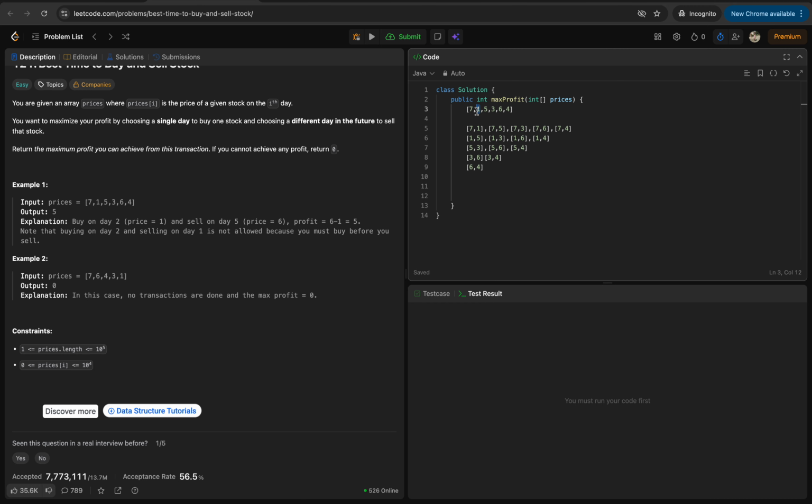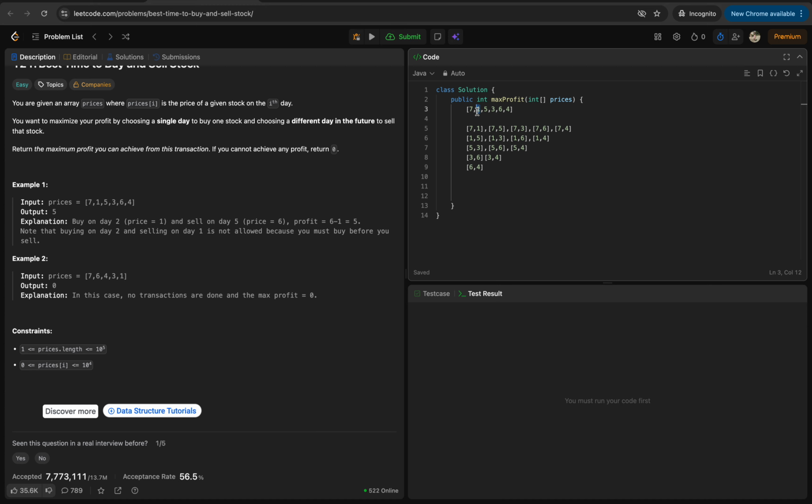Now we want the buy price to be minimum, right? So when we have bought at 7, then if we sell at 7 then the profit will be 0, which in any case it's 0 if there is no answer.